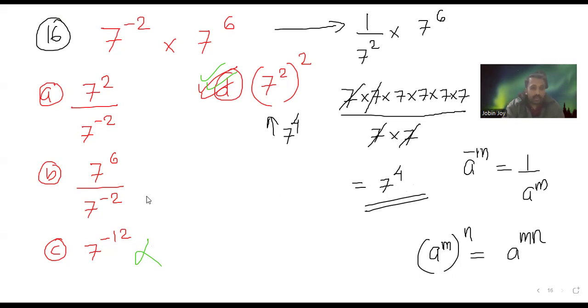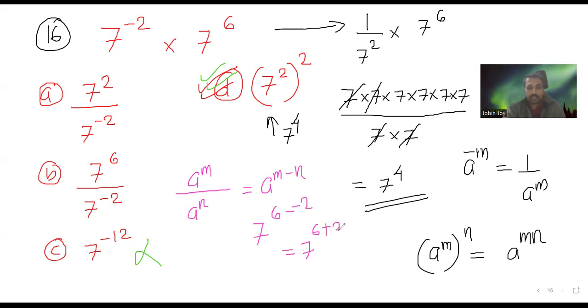Then I am checking option B. Option B is in the form of a raised to m divided by a raised to n, so that means a raised to m minus n. So that means 7 raised to 6 minus minus 2, so 6 plus 2. That means 7 raised to 8. No, this is also wrong.